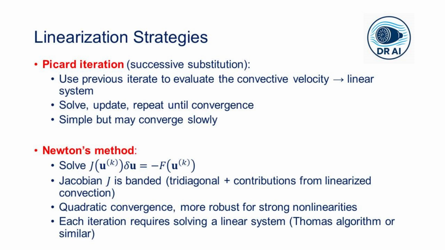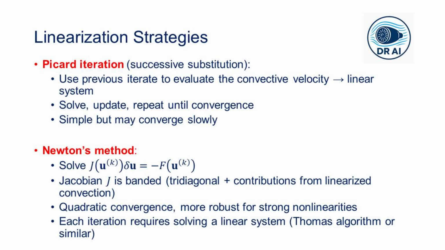The first is Picard iteration, also known as the method of successive substitutions. In this approach, we guess a value of u at any grid point i and time level n plus 1, say the previous time step's value, and use that guess to evaluate the convective velocity in the nonlinear term.